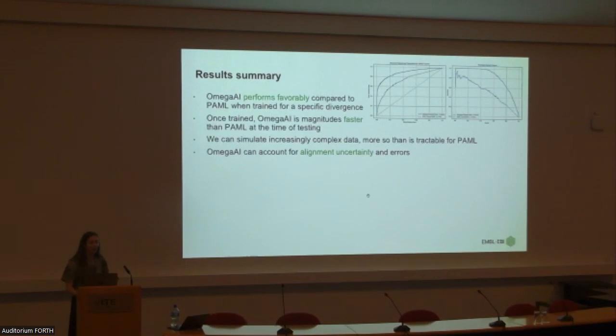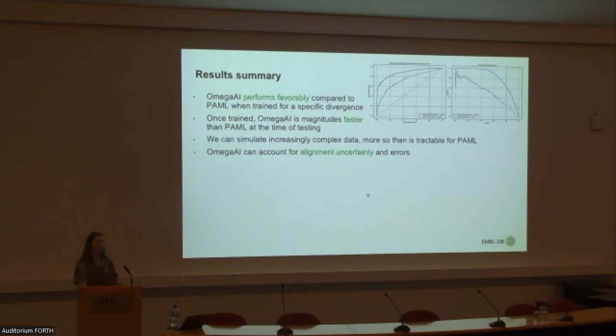Okay, so to summarize, Omega AI performs favorably compared to PAML when trained for a specific divergence. And this was particularly evident when we looked at very difficult cases where the divergence scaling was very high. And once trained, it is magnitudes faster than PAML. The data that we simulated in this project so far has been of similar complexity to that which is tractable by likelihood methods so far.